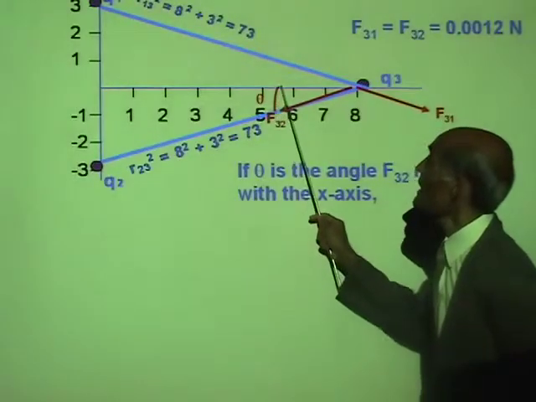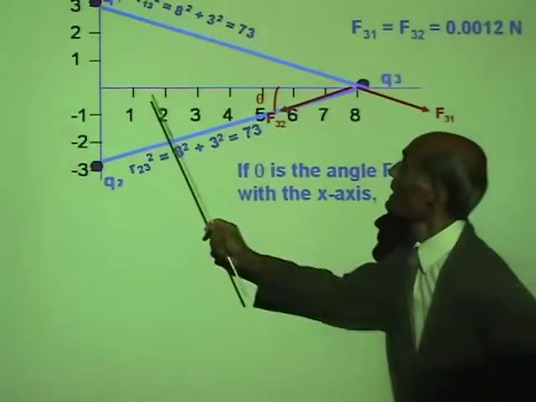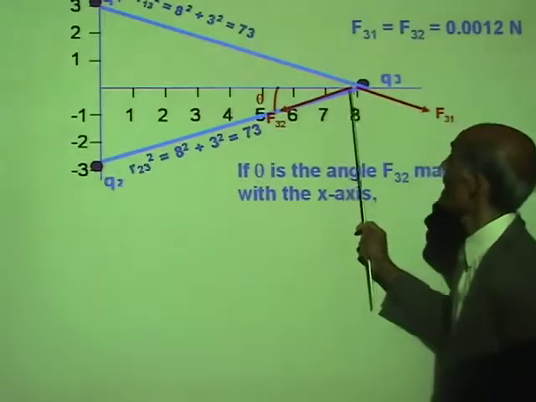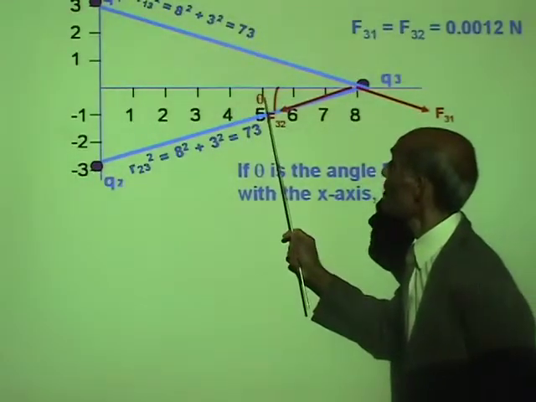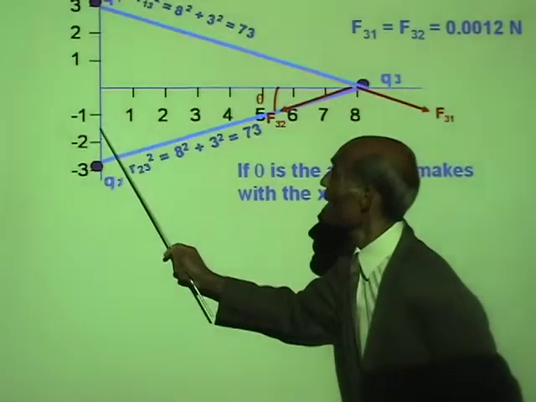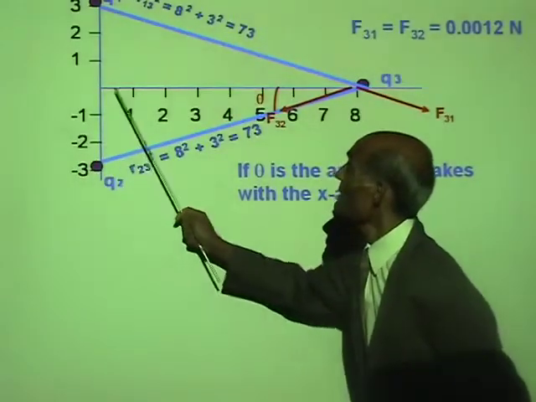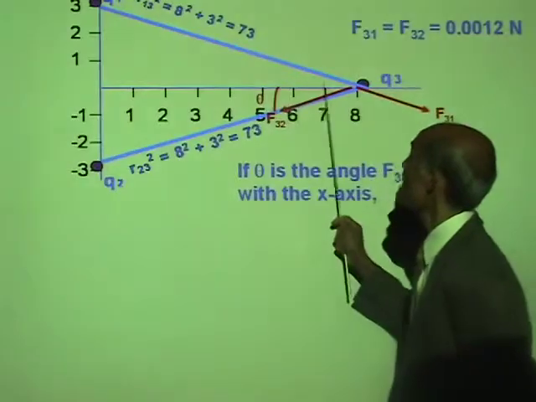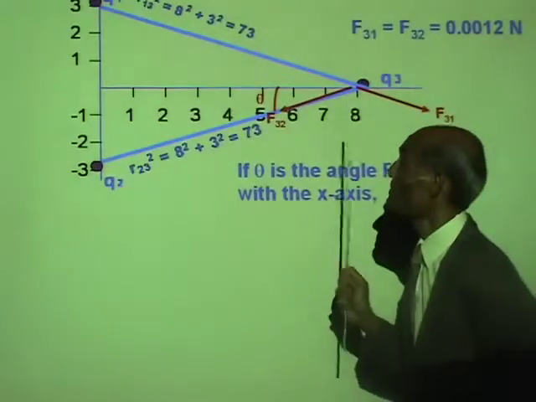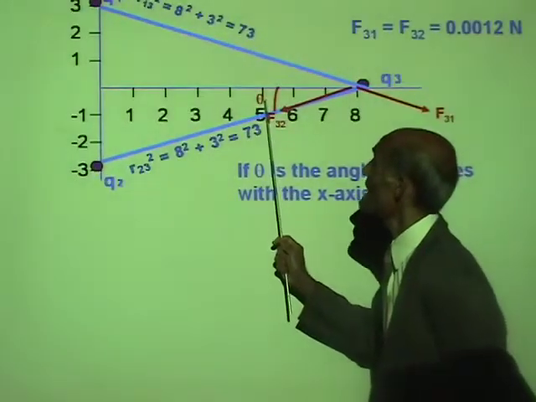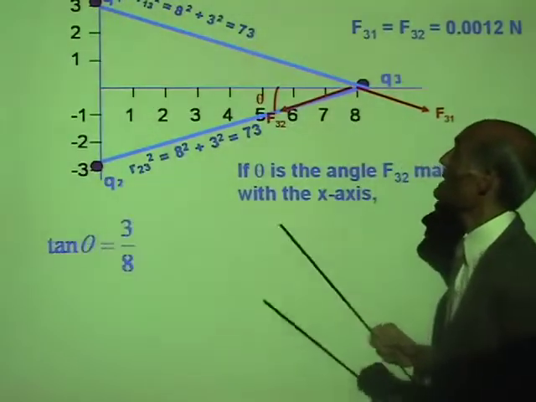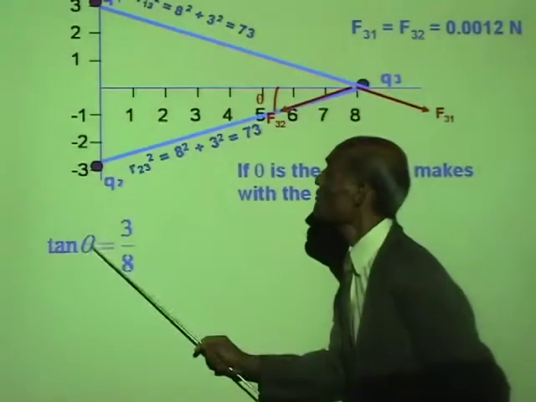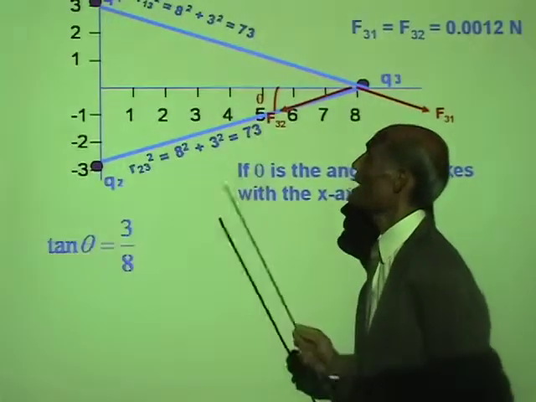This is an acute angle in this right triangle. For this angle theta, the opposite side is 3 meters. The adjacent side is 8 meters. Therefore, I can say tangent of angle theta is 3 divided by 8.